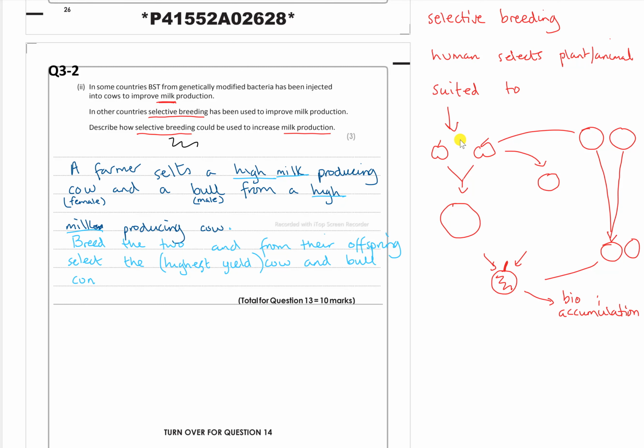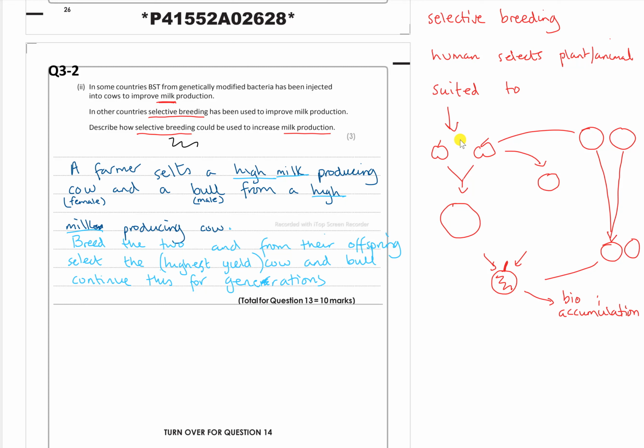Continue this for generations and you will end up with a herd of cows that are high milk producing, high yield producing.